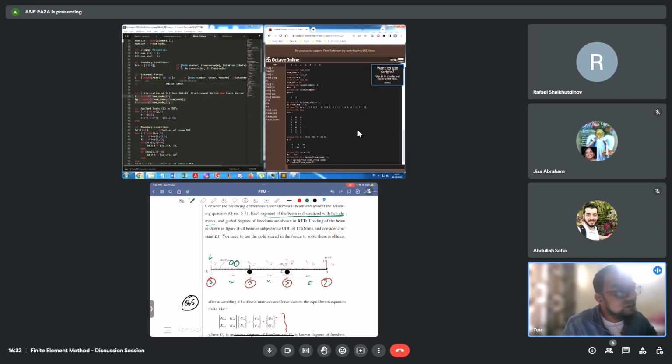Total degree of freedom is 14, so 14 rows of zeros and only one column. The global stiffness matrix will be 14 by 14, and the global force vector will also be 14 by 1. So I think we don't have any problem. Now moving to the applied load, q at degrees of freedom.